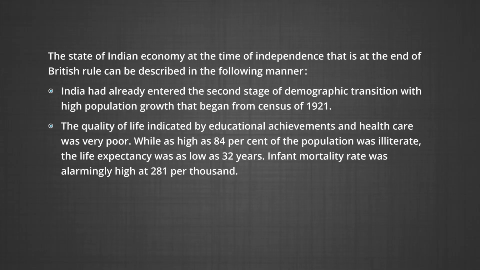Number 2, the quality of life indicated by educational achievements and healthcare was very poor. While as high as 84% of the population was illiterate, the life expectancy was as low as 32 years only. Infant mortality rate was alarmingly high at 281 per thousand.